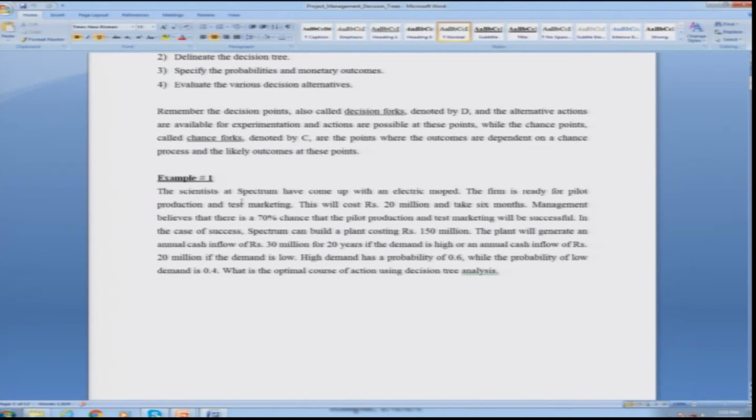So, there are 2 such occurrences. It can be very high, medium and low also; in that case there would be 3 such occurrences, but in this example we take 2. High demand has a probability of 0.6, low demand has a probability of 0.4. If there are 3 different types of demand probabilities, remember the sum should always be 1, like here in this case 0.6 plus 0.4 is 1.